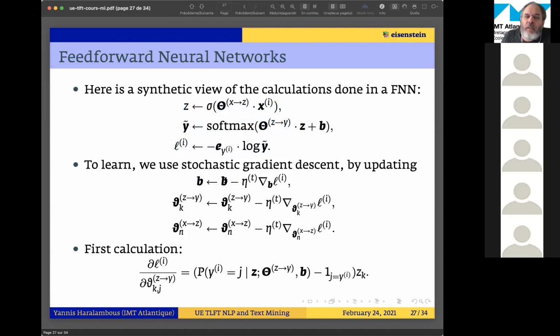B's will be modified at each step by the learning rate multiplied by the gradient of the error with respect to B, and each one of the thetas will be modified again by learning rate multiplied by the gradient with respect to this theta of the loss.